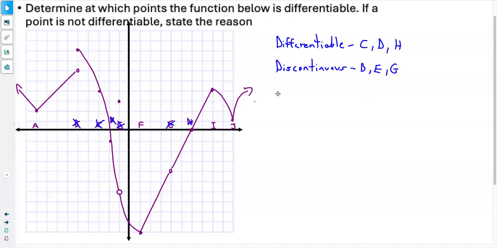And then we're going to look for ones where our left-hand derivative does not equal our right-hand derivative, or in other words, our slopes are not equal. So that would be A, F, I, and J. So in this case, we didn't have a vertical tangent.